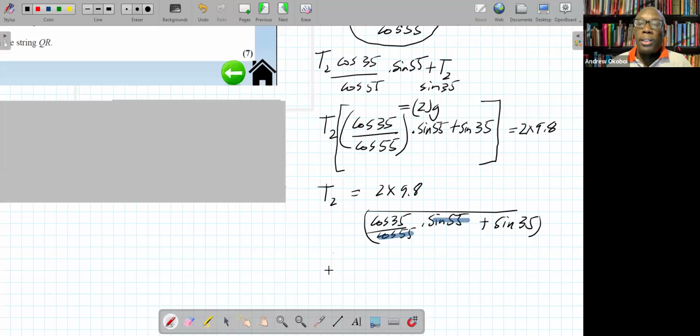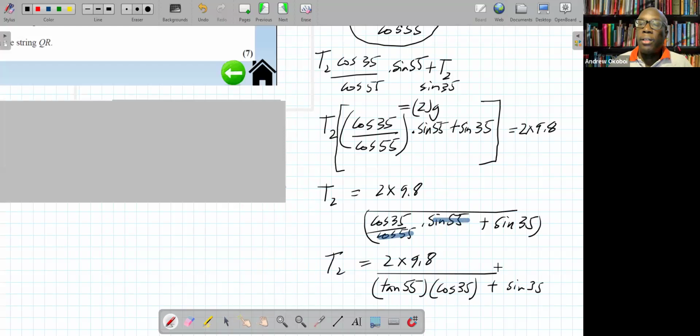So I can write this as T2 equals 2 times 9.8 all divided by tan 55 times cos 35 plus sine 35. It looks a little simpler, but it's the same thing. Sine 55 over cos 55 will be tan 55. Okay, let's go ahead and put this in the calculator.